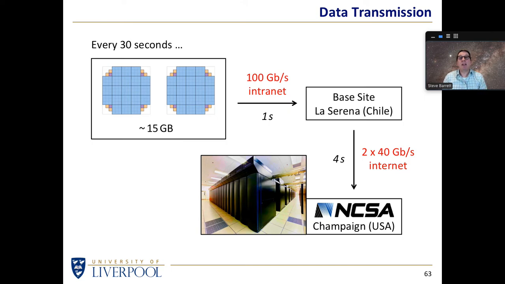It'll come up with a list of any object that's moved, whether it be an asteroid or a trans-Neptunian object. It will come up with a list of objects that have changed their brightness, whether that's variable stars or a supernova has gone off in a galaxy. It'll give you a list of objects that appear to have changed their colour, because they now look different brightnesses in different filters.